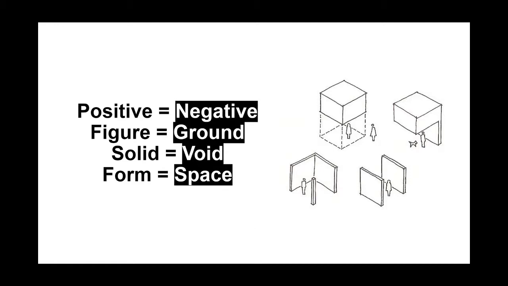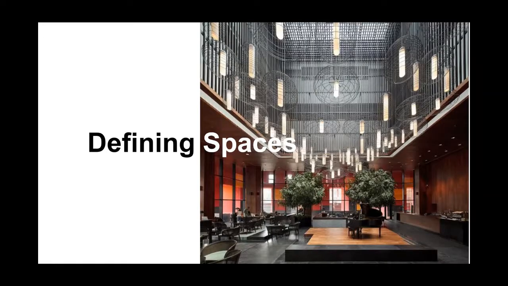Your figure is equal to the ground and the plane where it will be placed. Your solid should have a balance with your void, and your form should have a balance with the space. So with defining spaces, we have to consider elements that would create this sense of balance in interior application.